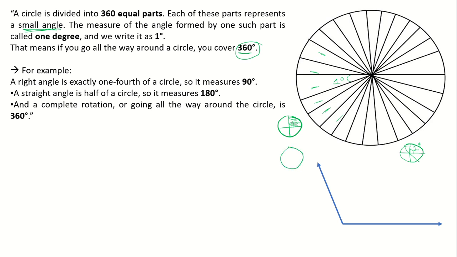In this circle, if you draw a straight line, this is half of a circle, so this measures 180 degrees. If it is 1/4 of a circle, it measures 90 degrees. And one complete rotation is 360 degrees without any division.